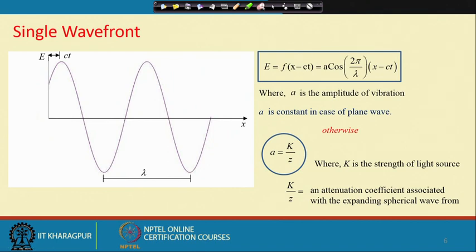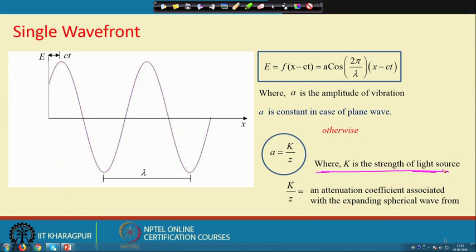If we see, this is the x axis and this is the E axis, or the light vector. The constant A equals k by x, where k is sometimes known as the attenuation coefficient.